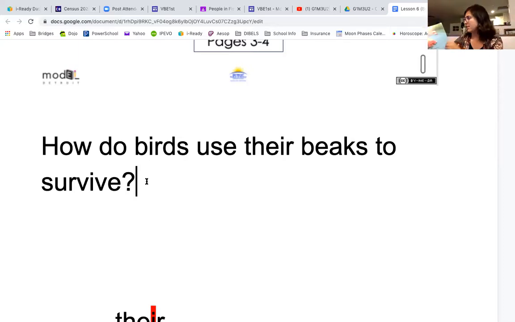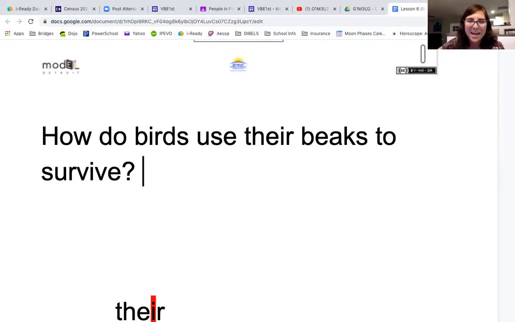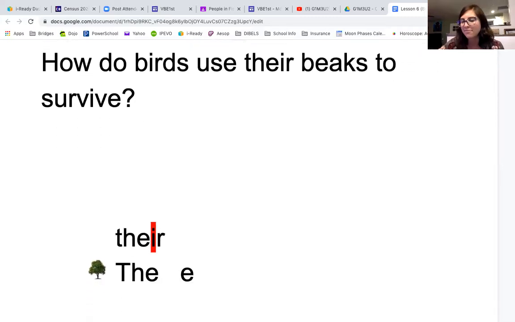They use their beaks to build houses. They use their beaks to transport material. They use their beaks to open up nuts, eat bugs. They use their beaks to get boyfriends or girlfriends. Remember, the male birds are beautiful and they want to get a girlfriend, so they use their beaks in order to find a mate, someone that they want to spend their time in quarantine with.